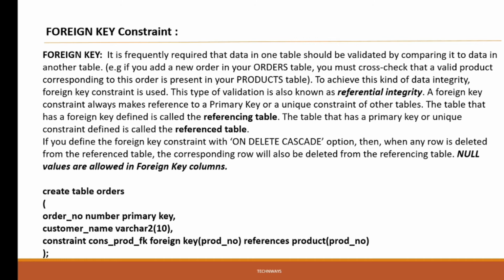If you define the foreign key constraint with the ON DELETE CASCADE option, then when any row is deleted from the referenced table, the corresponding rows will also be deleted from the referencing table. So with cascade on delete, you need not worry about the customer data.